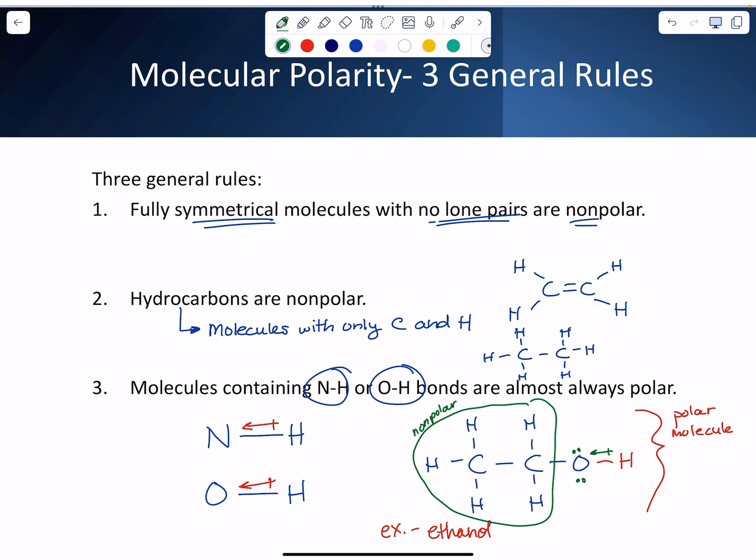And that's enough, okay, to make your whole molecule polar, okay? So this is the polar part. So if we were to look at this, we would find that the molecule has a molecular dipole that points kind of like this way, okay? This would be the molecular dipole.